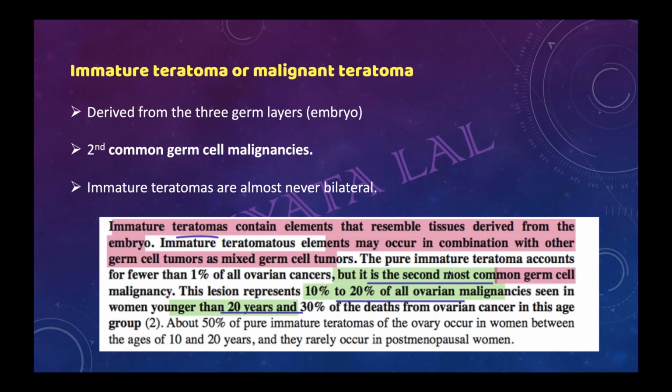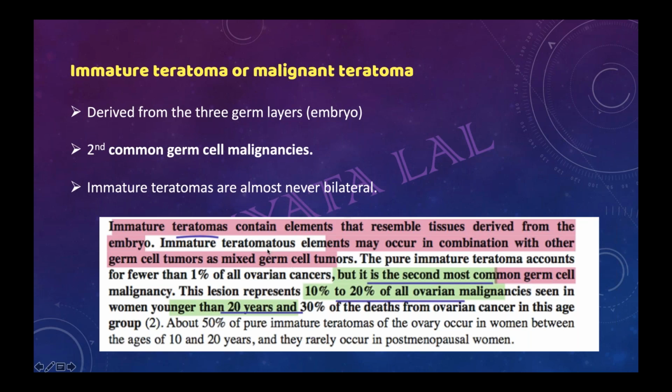Usually these are unilateral tumors only, and they present in young women, less than 20 years of age. And yes, it is malignant, so it causes 30% of deaths from ovarian cancer. Okay, you see, so bad this is, because this is malignant teratoma.